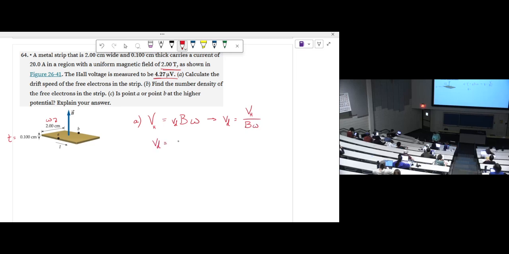So v sub d is equal to 4.27 times 10 to the minus 6 volts divided by a field strength of 2 Tesla times the width of 0.02 meters, which gives us 1.07 times 10 to the minus 4 meters per second, or that's 107 microns per second. Microns are micrometers.